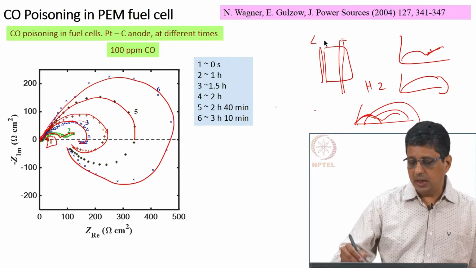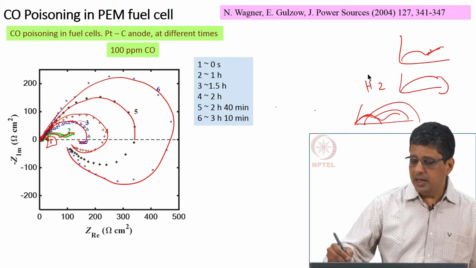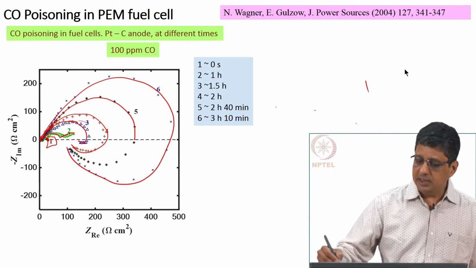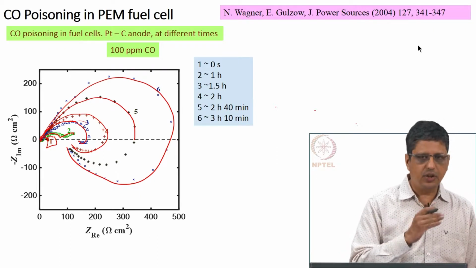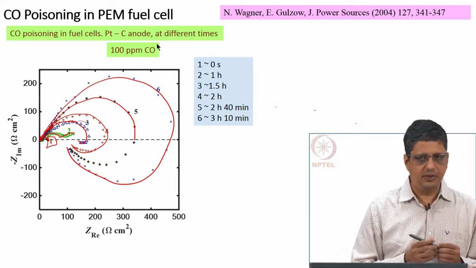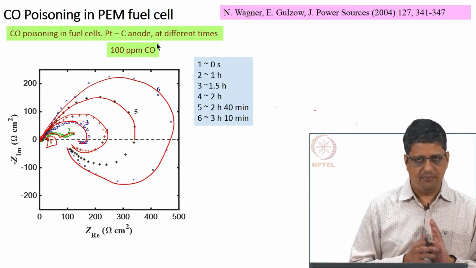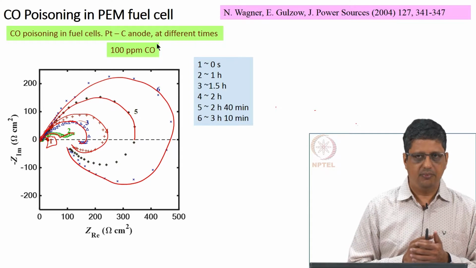Okay. So, looking at this, you can definitely say mid and low frequency impedance increases over time. That means, the process of poisoning is continuing. It is a fixed concentration of CO, but it has not come to a steady state yet. Over time it keeps increasing.